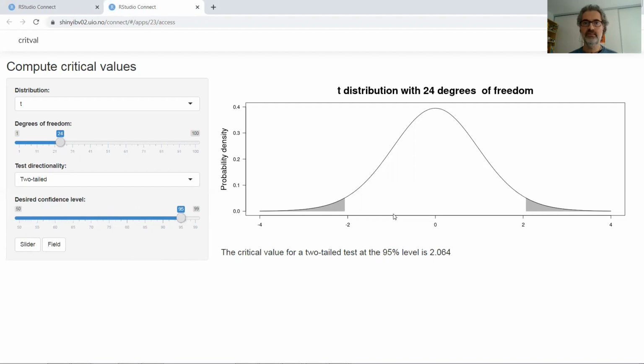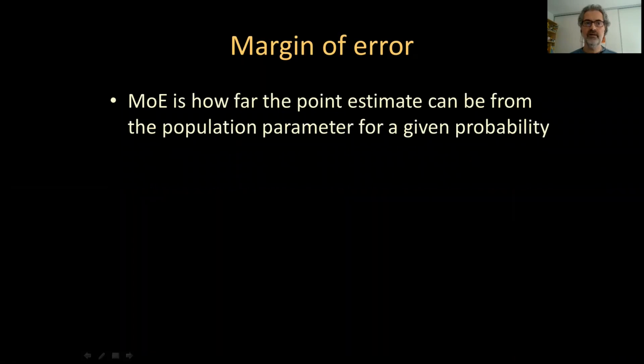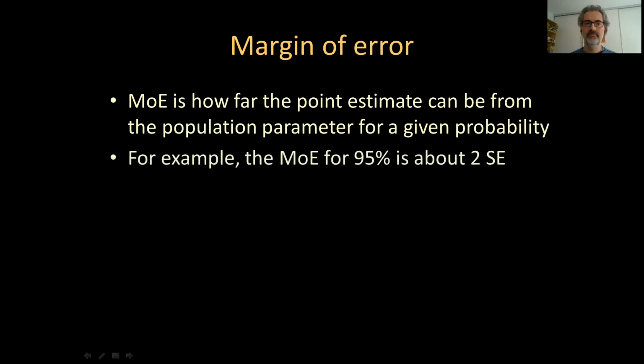So let us go back to our calculation. To calculate our margin of error, that is how far the point estimate can be from the population parameter for a given probability.